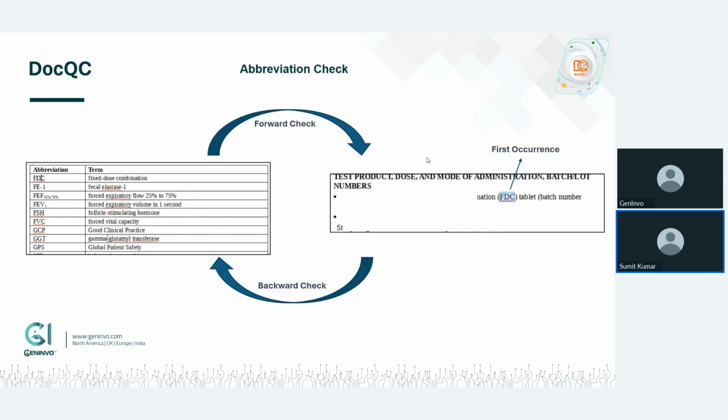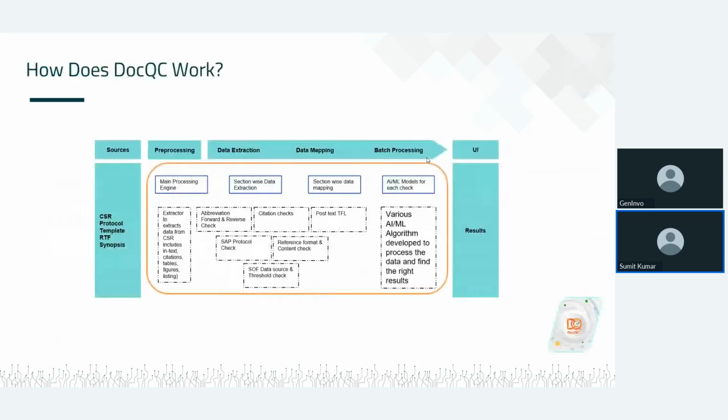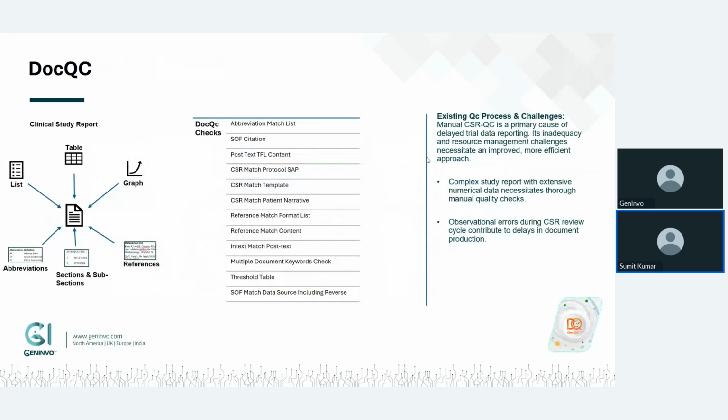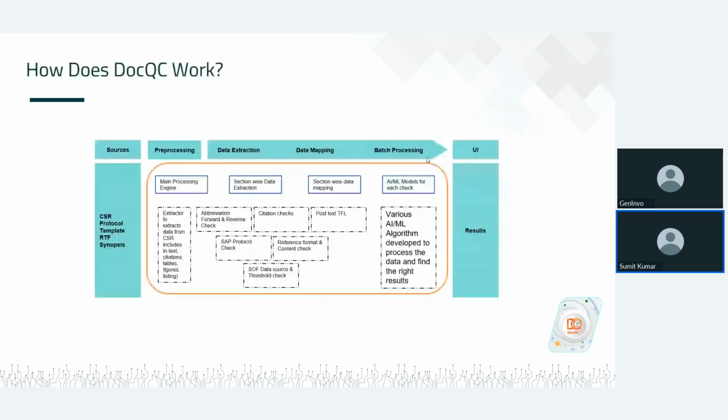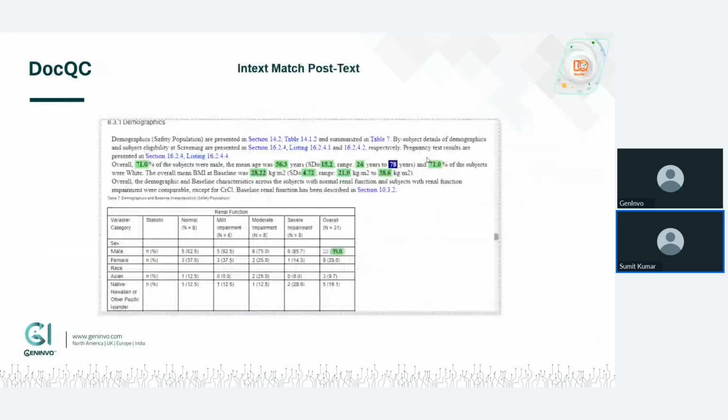And as I mentioned, there are 13 checks that DocQC can currently execute. Abbreviation is one of them, and then I'll talk about one of the complex checks, the DocQC in-text match post text check. Basically, there are various sections in the CSR.